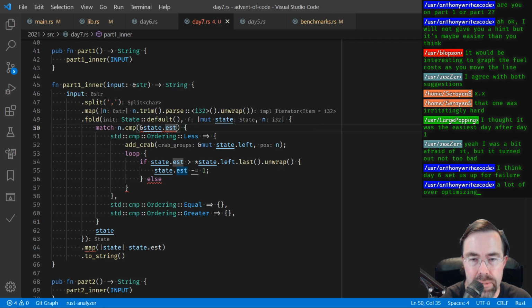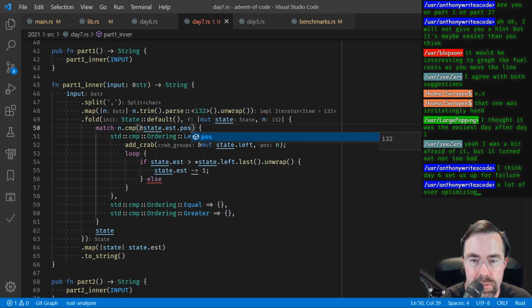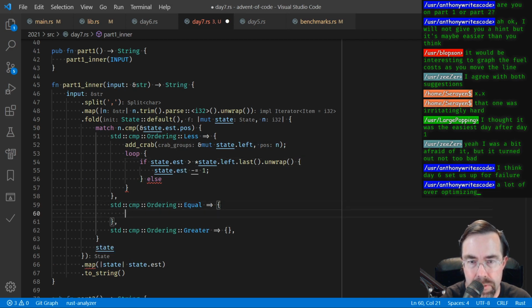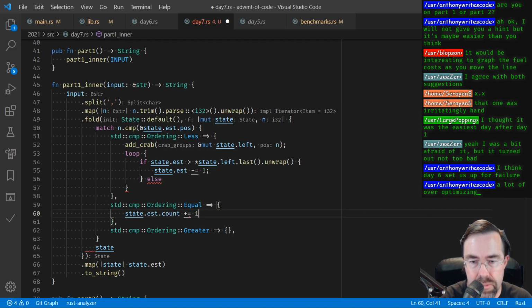I need to compare it with the estimate's position. And actually, if it's equal, don't we just add it to the group? Yeah. So then state.estimate.count plus equal 1. Okay.